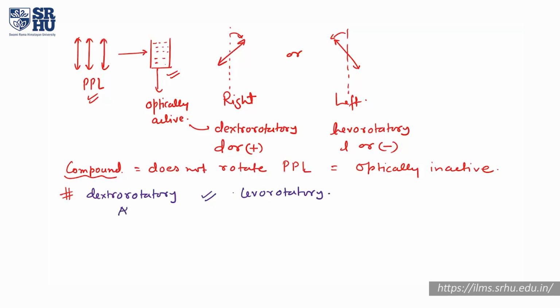If A is dextrorotatory, then definitely there will be another compound B which will be levorotatory. Obviously these two will be isomers of each other, and these two are optical isomers. Optical isomers are also called enantiomers.